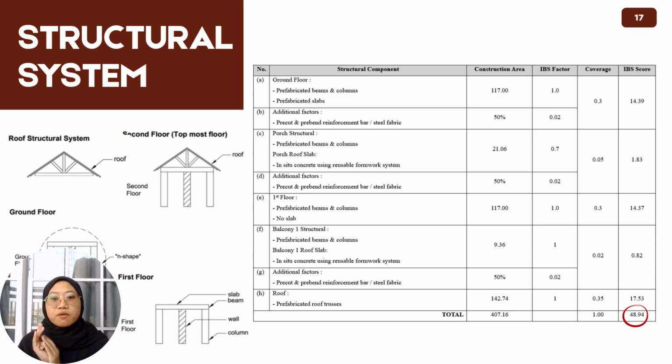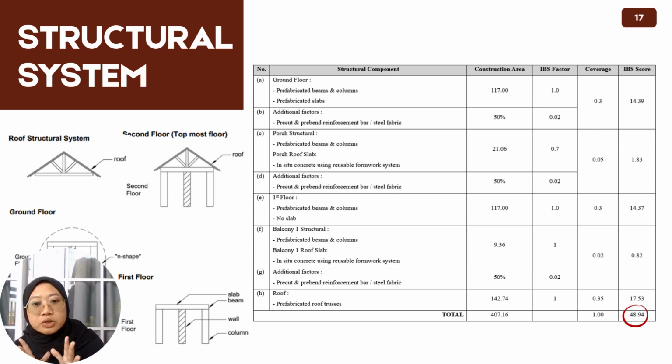For the ground floor, we use the prefabricated beam and also column and also slab. So the IBS factor is 1.0. And then the porch for the ground floor, we also use prefabricated column and prefabricated beam, but the slab is in situ and the IBS factor is 0.7.